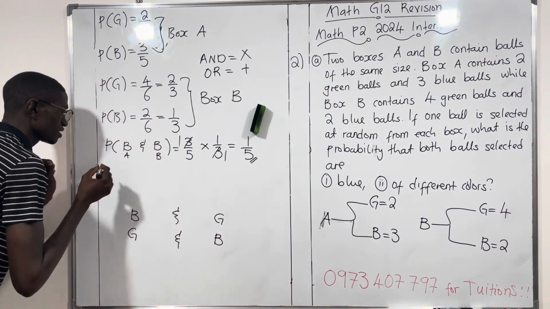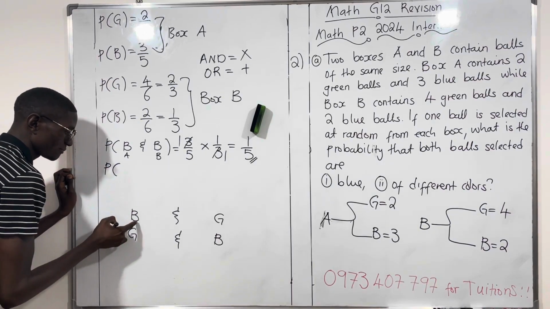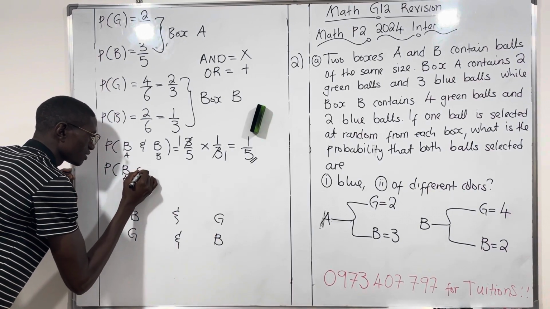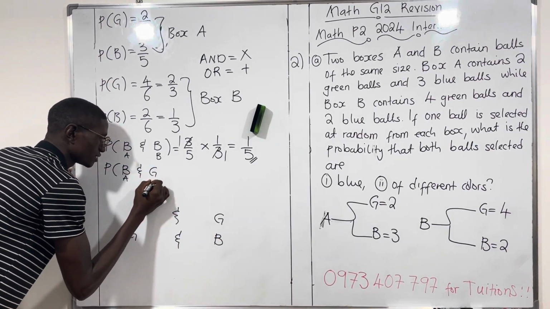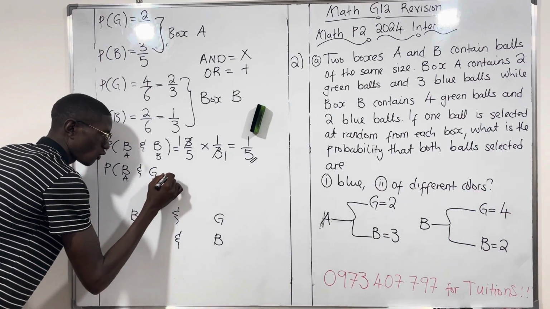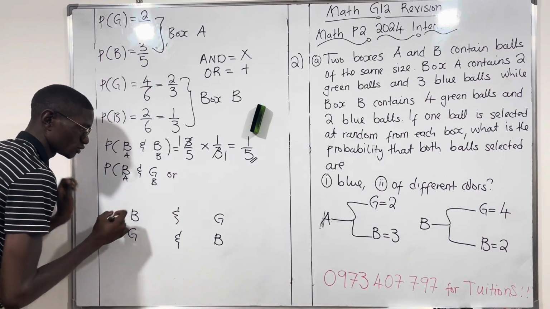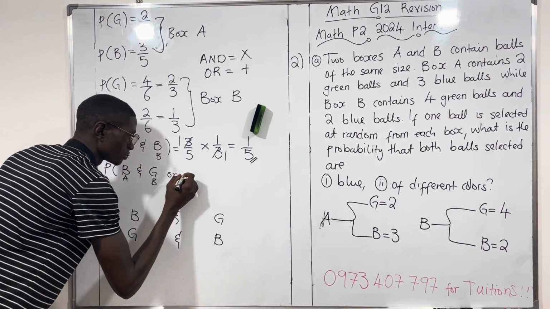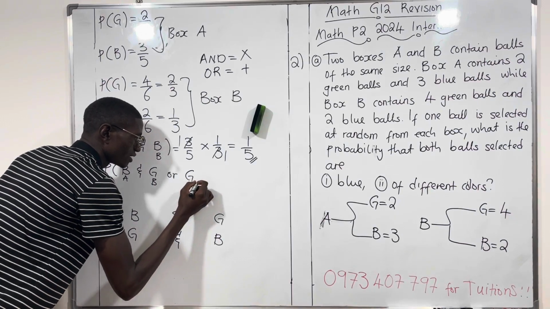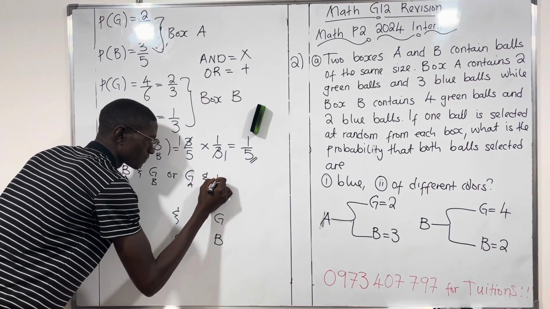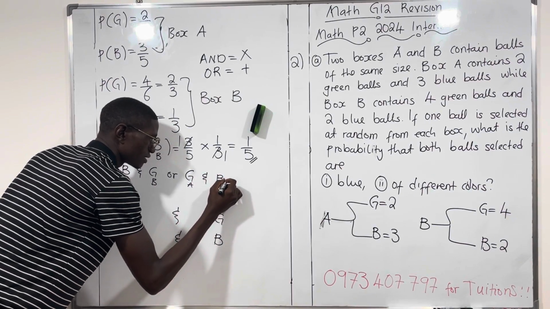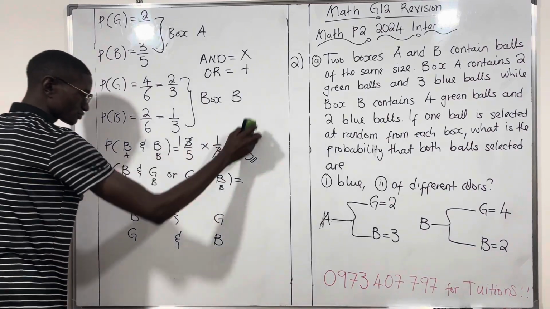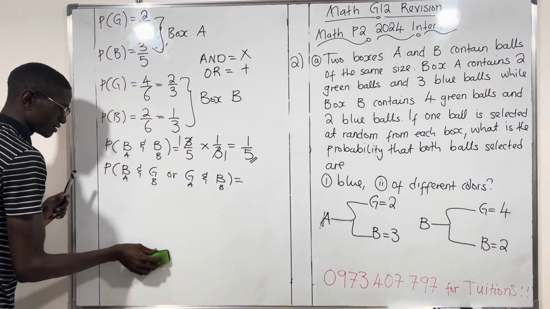So we're going to say probability of selecting blue and green: blue from A and green from box B, or we switch them around, green from A and blue from box B. This is the probability we're trying to find, since they have to be different colors.